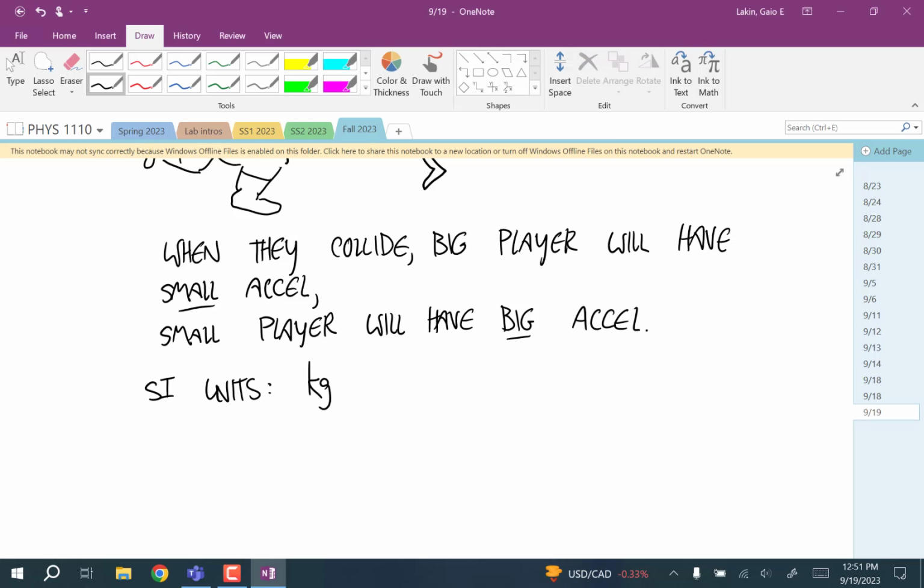So when your bathroom scale has a button you can flip to switch from kilograms to pounds, it's really doing a conversion based on the assumption that you're going to be on the surface of the earth. And so it knows how much gravity is going to pull on you at the surface of the earth. But it's really measuring force.